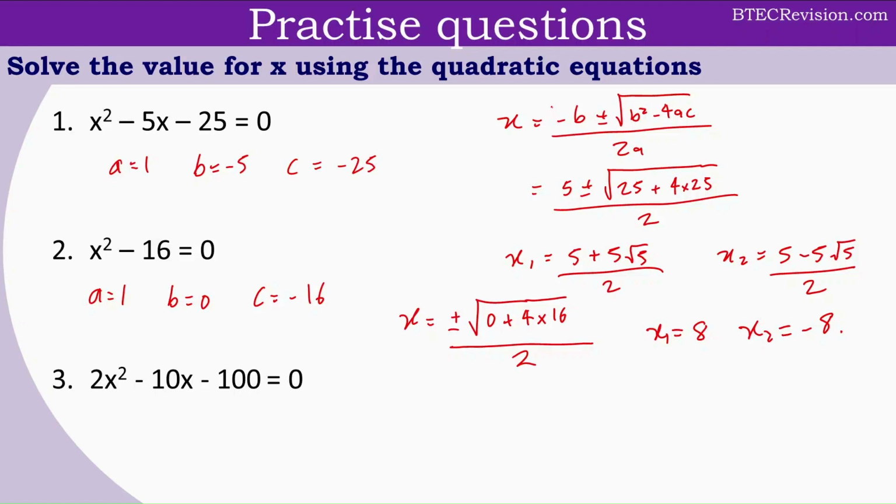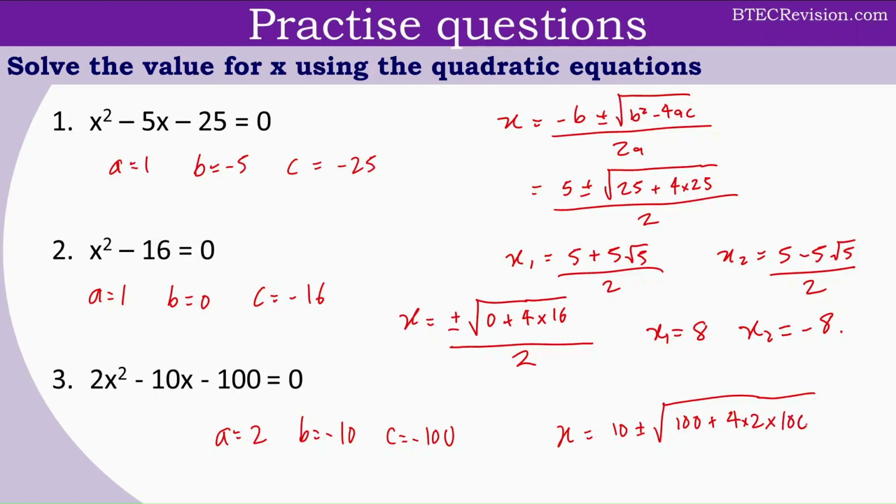Question number 3, our a value equals 2, b equals negative 10, and our c value equals negative 100. Plugging this in, x equals negative b, which is 10, plus or minus the square root of negative 10 squared, so that's 100, take away 4 times 2 times c, which is negative, so negative, negative gives you positive, times 100, all over 2a.